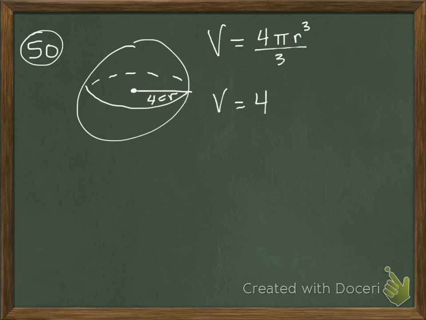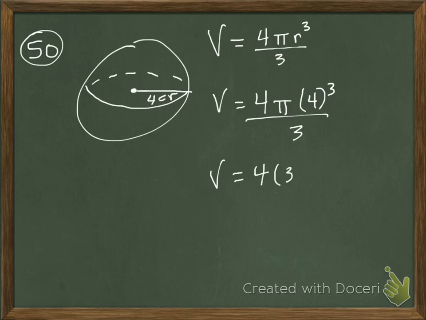So we can say 4 times pi times then 4 again to the third power all over 3. All right, and so we're going to take 4 times 4 times 4, which is 64. So we have 4 times 3.14 times 64, because 4 times 4 times 4 from our 4 cubed is 64.